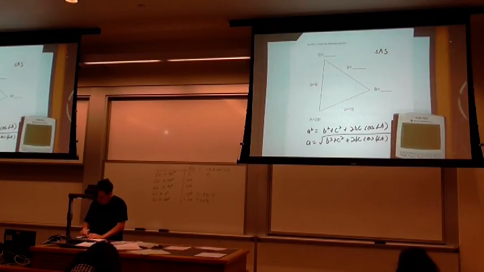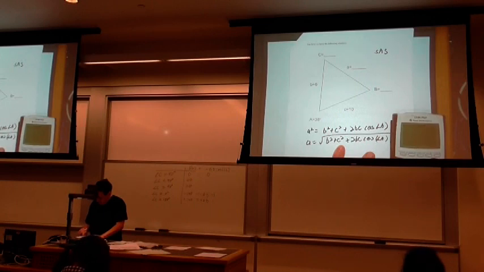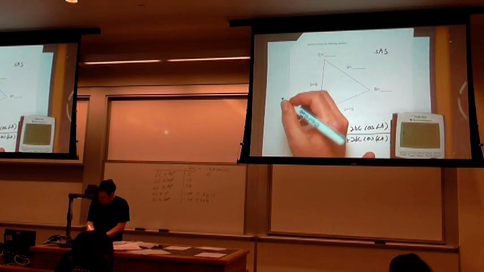So we have the square root of b squared, that's 6 squared, plus c squared, that's 10 squared, minus 2 times b times c, which is 60, cosine of 38 degrees. Now that pops out A, which is about 9.42.